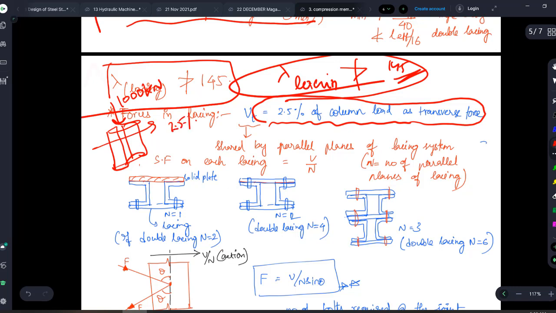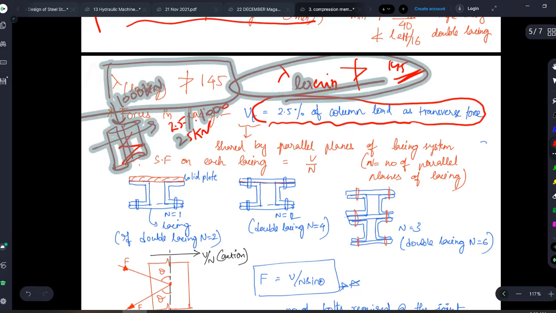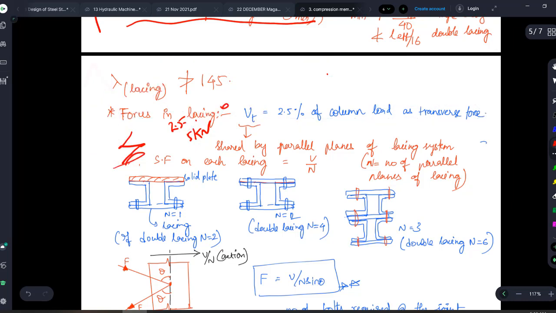That will be 2.5% of my 1000 kilonewton, which is nothing but 25 kilonewton. So this much horizontal shear force will be coming in my system, and who should resist this? The lacings or battens, whatever I have, should be able to resist it. Battens we will see later on, but first let us see lacings. So the lacings should be able to resist 2.5% of our column loading. Always remember this.